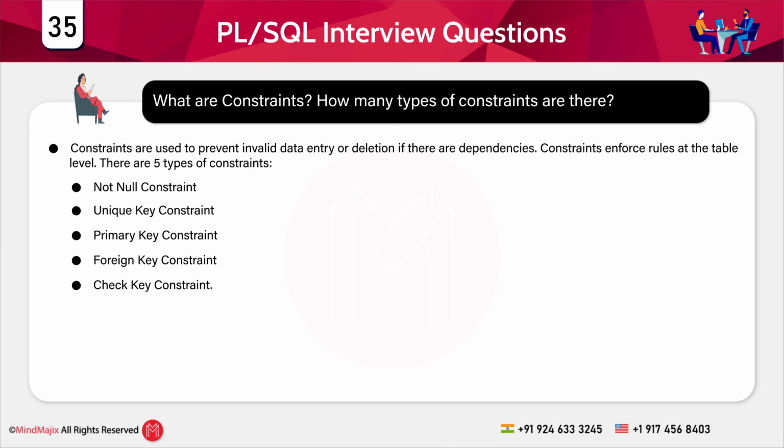Constraints can be defined at the column or the table level, and constraints defined for a specific table can be viewed by looking at the user constraints data dictionary table. You can define any constraint at the table level except not null, which is defined only at the column level. Now, the types of constraints are: not null constraint, unique key constraint, primary key constraint, foreign key constraint, and check constraint.